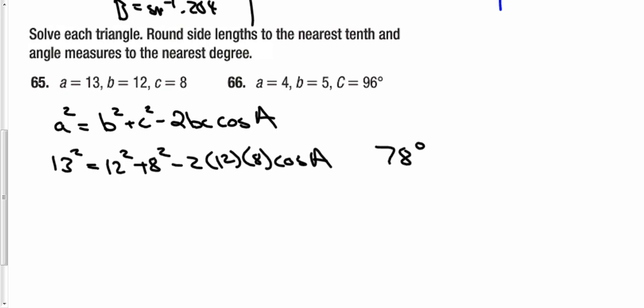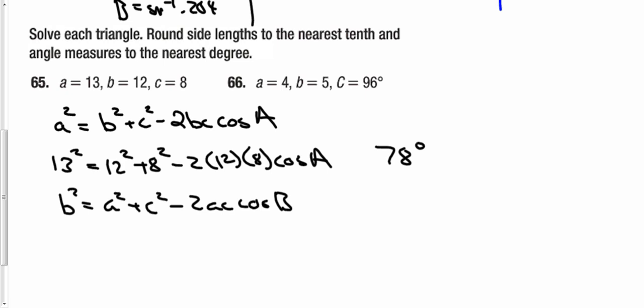To find B, I do the same thing, only I put the numbers in a different spot. So if I'm going to get b squared on this side, this turns into a squared plus c squared minus 2ac cosine of B. This will now solve the exact same thing. Now that I have an angle, however, if I wanted to, I could also use the law of sines.